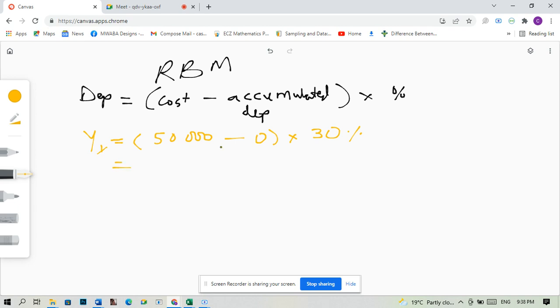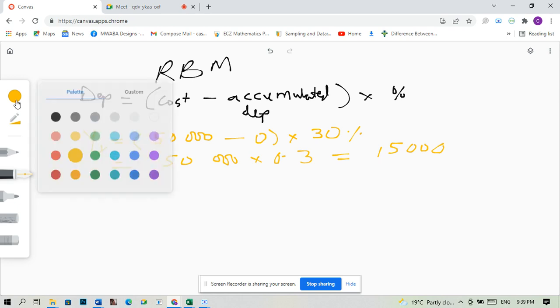So 50,000 minus zero is 50,000. Then 30% of 50,000, we say 50,000 times 0.3, gives us 15,000. So this is the depreciation expense for year one.